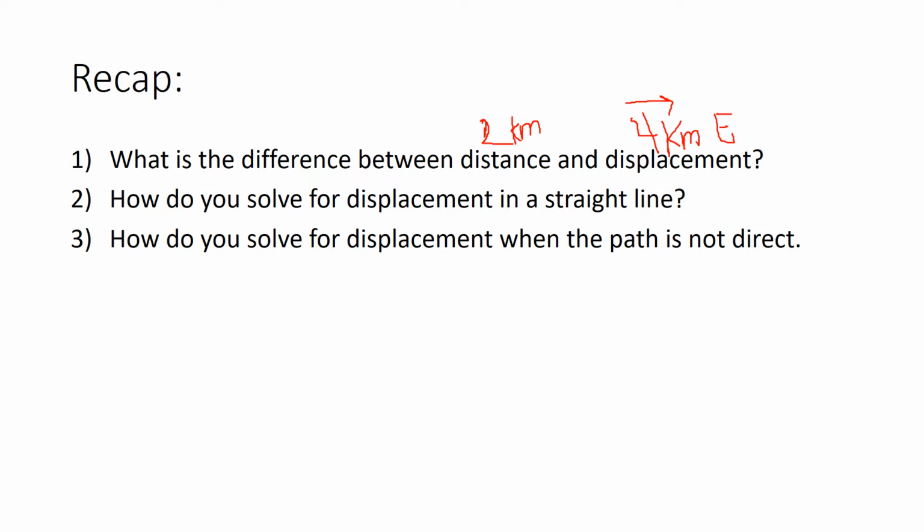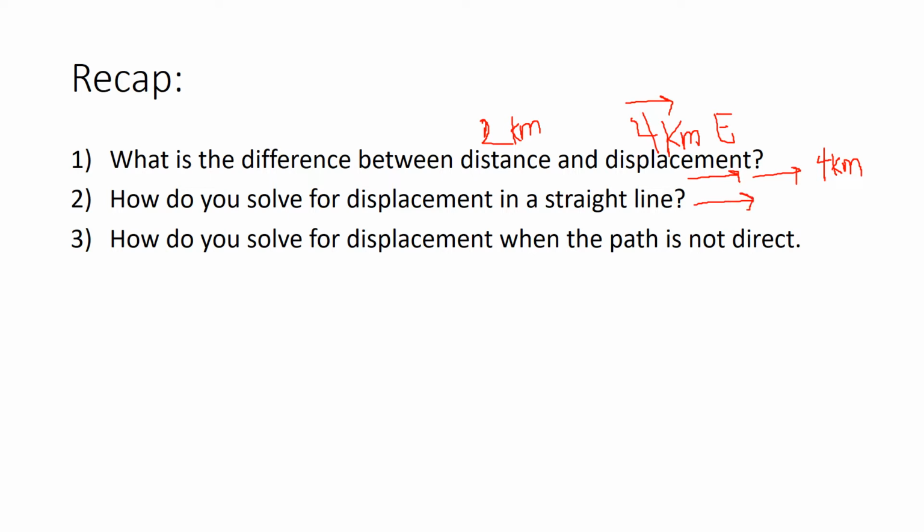All right, so the next one, how do you solve for displacement in a straight line? You have one of two situations. If both displacements are going in the same direction, like we traveled 2 kilometers and then 2 more kilometers in the same direction, we would add them. So 2 and 2 would be 4 kilometers, to the east or to the right or whatever direction that is, okay?